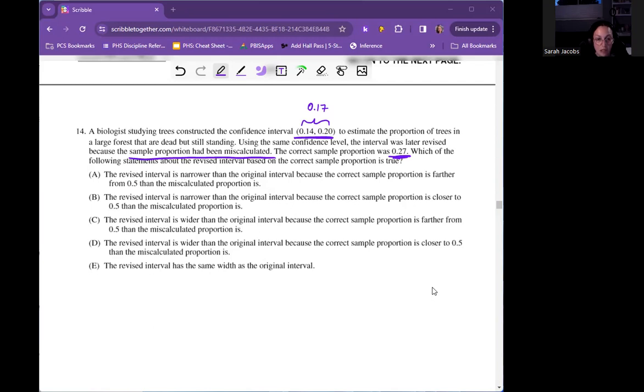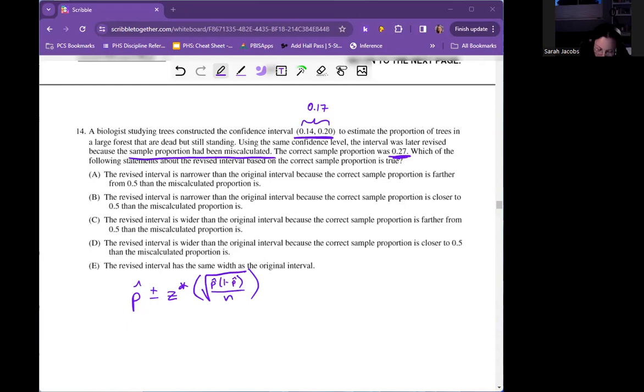But if we think about our confidence interval, right? So we have our p hat plus or minus our z star times the standard error. So the standard error for proportions, and this is where that 0.27 versus the 0.17 becomes important, is calculated as the square root of p hat times 1 minus p hat, all over n, the sample size.